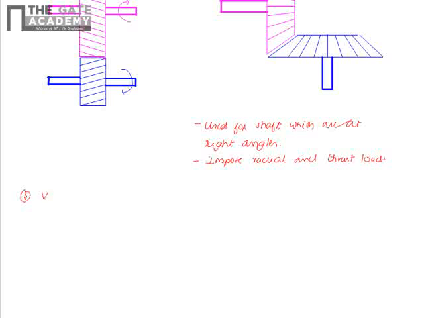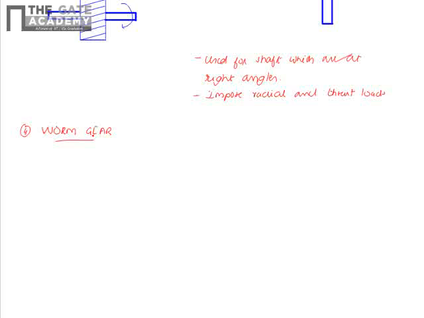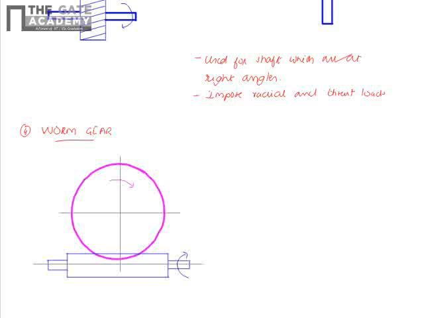It's nothing but the worm gear. So what is worm gear? This figure shows a worm gear which consists of a worm and a worm wheel. This is the worm wheel, and this is the worm.